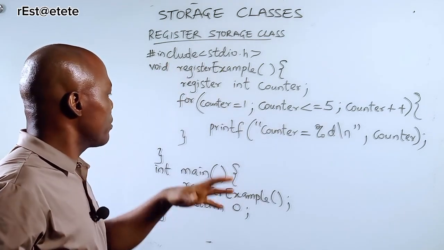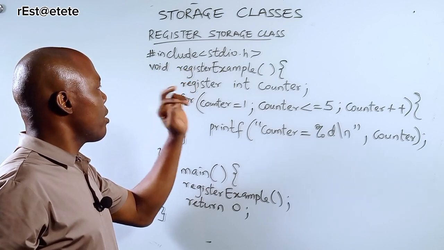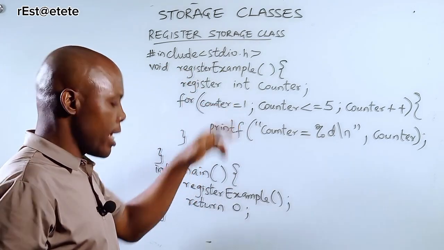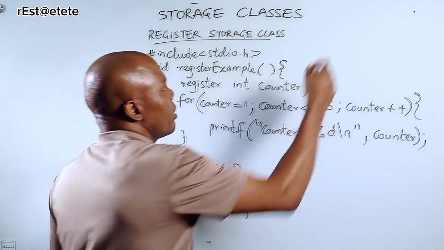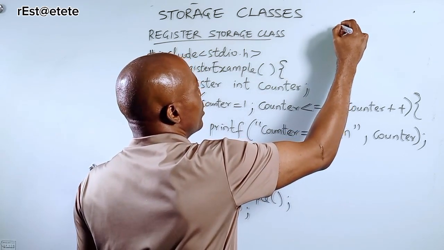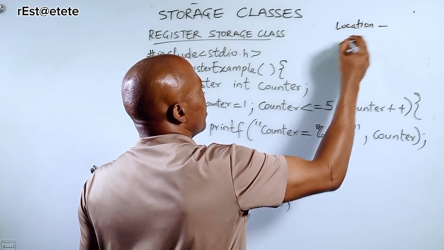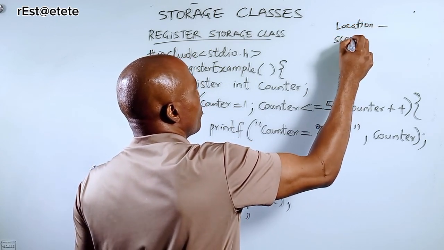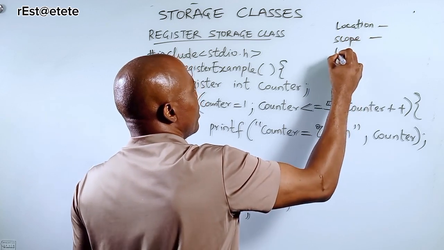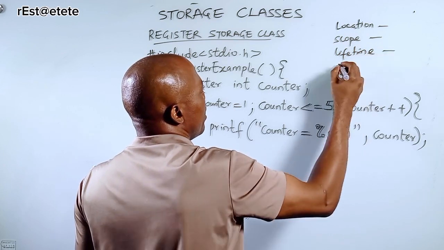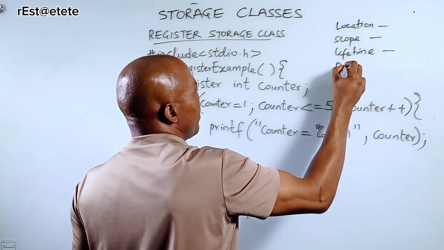So what happens is, the moment the compiler encounters this register, which is the storage class, same thing, we are going to do memory location, scope, lifetime, and then default value.